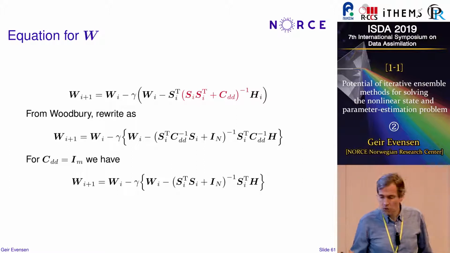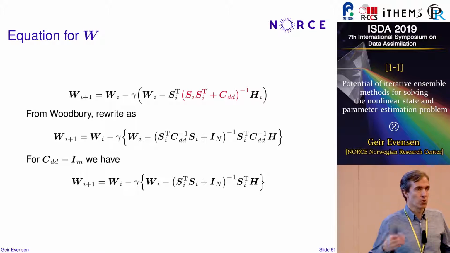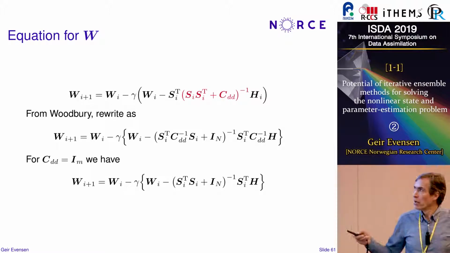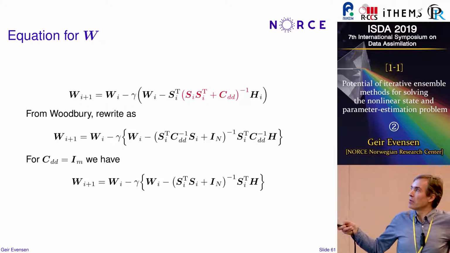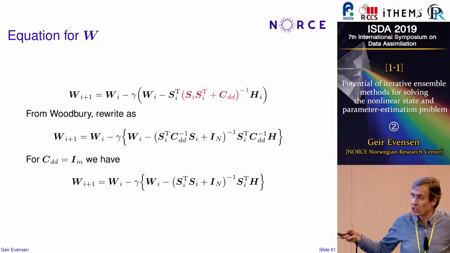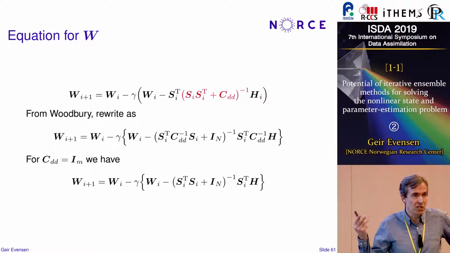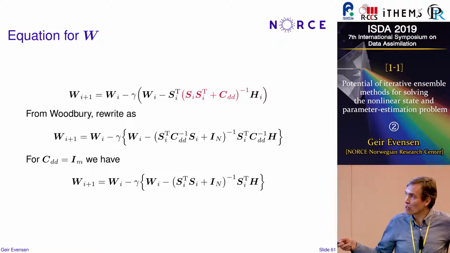So let's see how, and these are some old results I want to present now. It's something I published in 2004. If you look at this expression here, we can use Woodbury, and you get it in this form, which is similar to what a number of other operational schemes are using. So you have to compute the inverse of the measurement error covariance matrix.